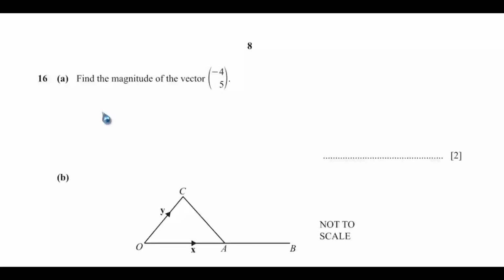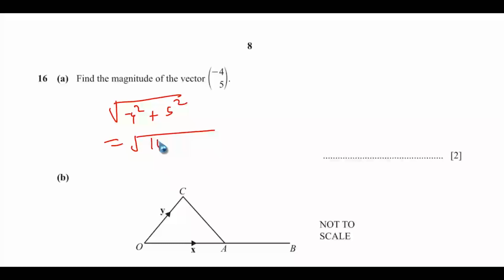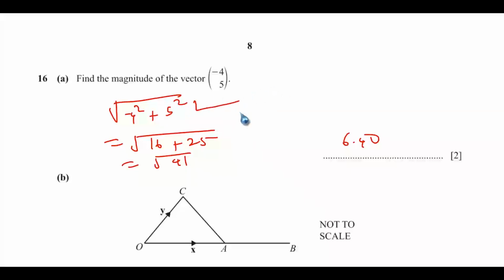Therefore, the magnitude of this vector will be the square root of (-4) squared add 5 squared. This will give you the square root of 16 plus 25, which is the square root of 41, and that will be 6.40. You could as well input this into your calculator and get your answer straight away.